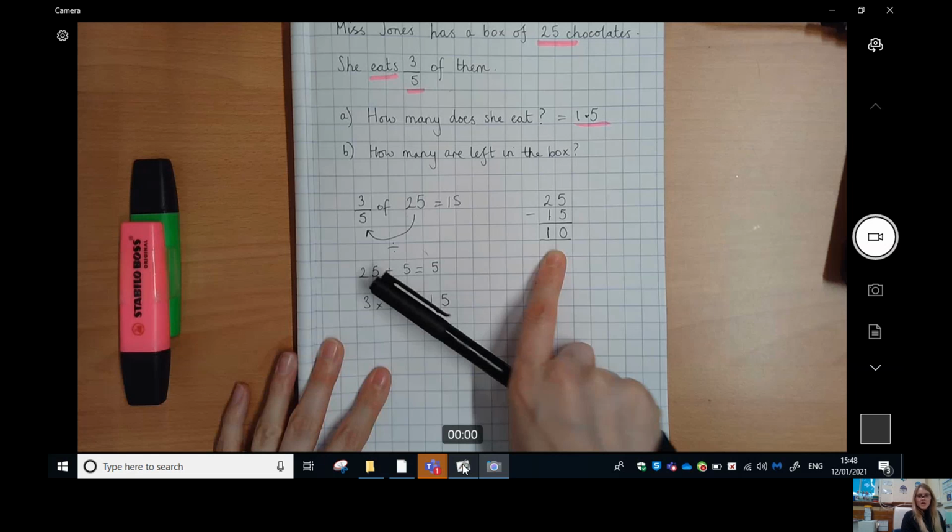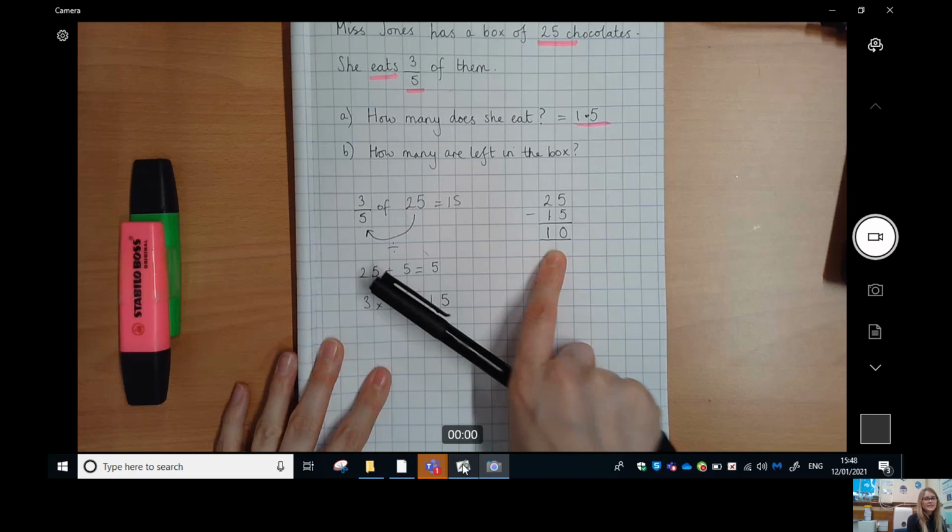Three-fifths have been eaten. So as you can see clearly from my bar model, there are 2 parts left over that have not been eaten. Okay, so 2/5 have not been eaten. So 2/5 left in the box. So hopefully that's starting to become a bit clear.